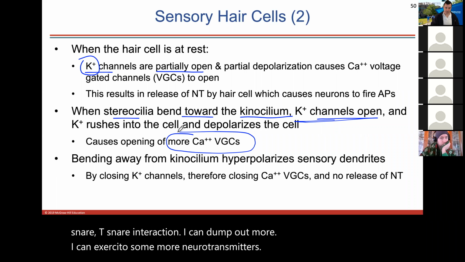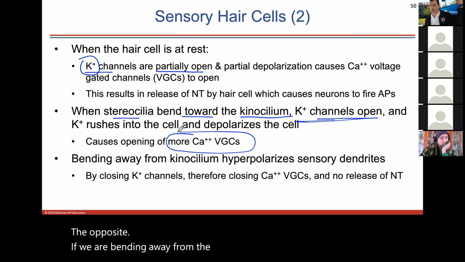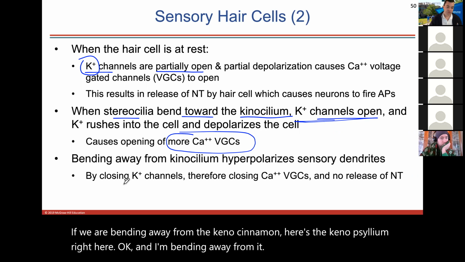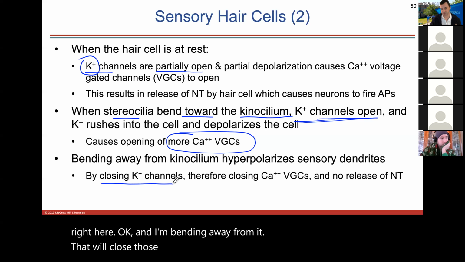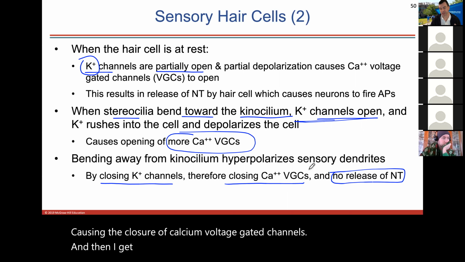The opposite: if we are bending away from the kinocilium, and here's the kinocilium right here, and I'm bending away from it, that will close those potassium channels, causing the closure of calcium voltage-gated channels. And then I get no release of neurotransmitters.